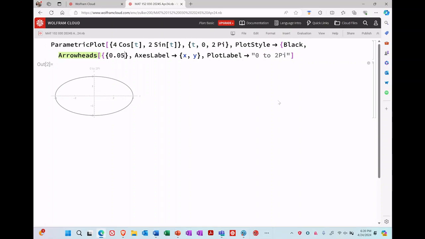I'll start with 0.05 and see how that works. The second number is going to be the position. It's a number between 0 and 1. I'll start with 0.15 and see where that puts it. I'm going to do 4 of them.